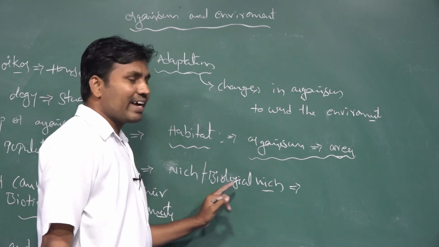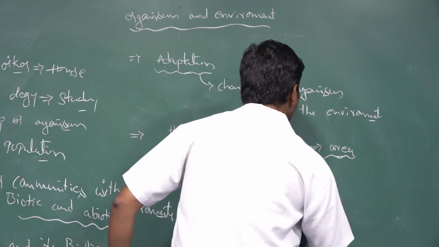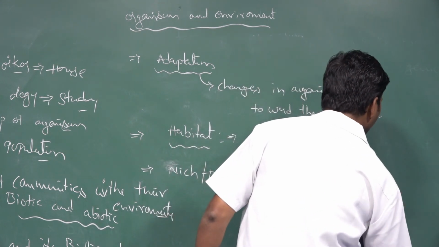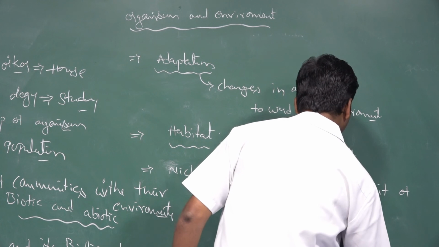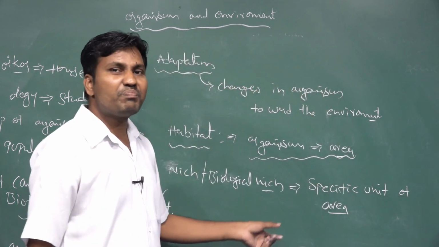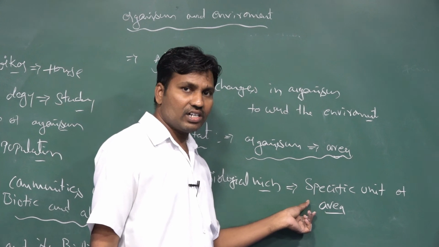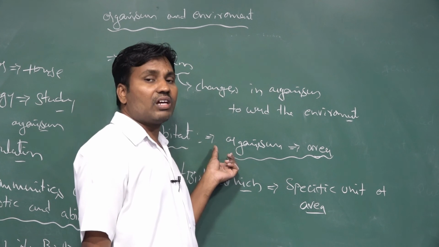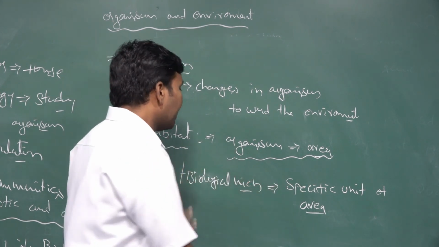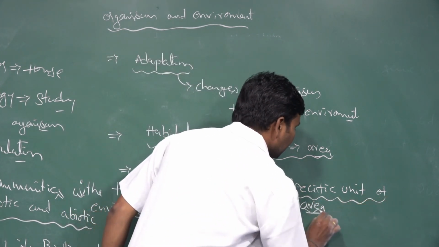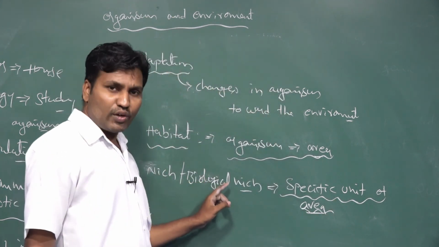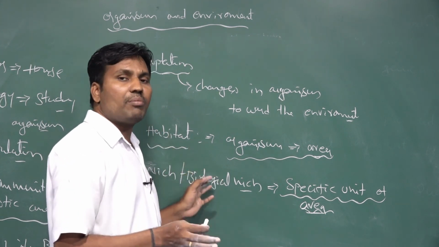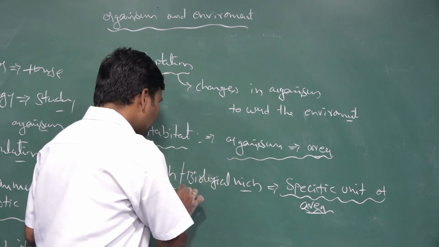But the niche, or biological niche, is a specific unit of area present within the habitat of the particular organism. That means it is a specific addressing unit of one particular individual. One habitat can be shared by many organisms, but the niche is specific for each organism.